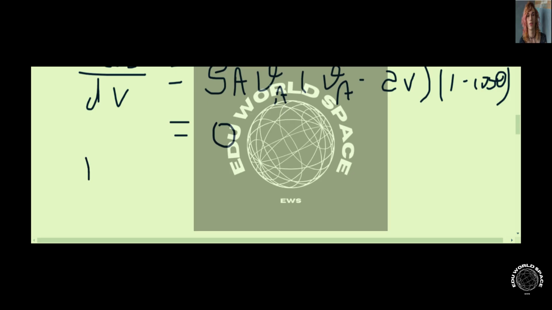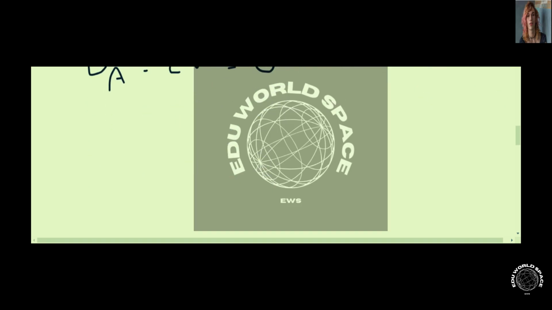So I can rewrite this equation as V_A minus 2v equals 0. Therefore, my v will be one half of V_A.